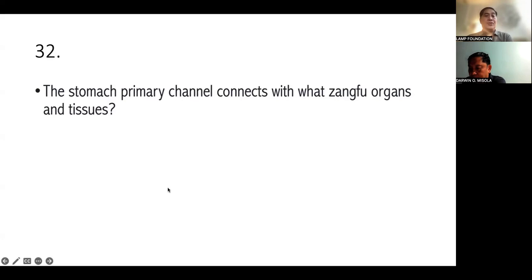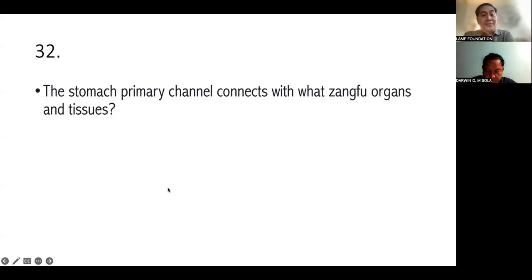Okay. 32. The stomach primary channel connects with what Zangfu organs and tissues? Stomach, spleen. Okay, stomach and spleen too. Because remember, you need to know the difference between the stomach channel and the stomach organ. Okay, the stomach primary channel connects with stomach, spleen. What else?